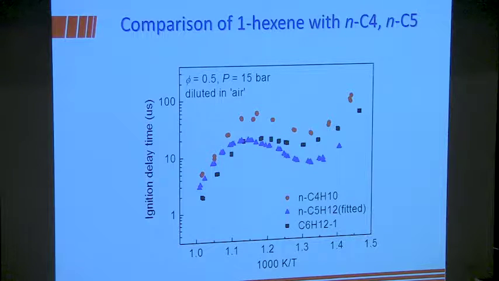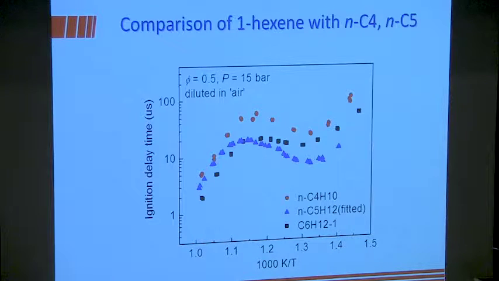So temperature is increasing from right to left. Here we have low temperature, high temperature. So reactivity increases here again to about 750. From 750 to 850, 900 Kelvin, the reactivity decreases, and reactivity increases again. So these are experimental data for n-butane.